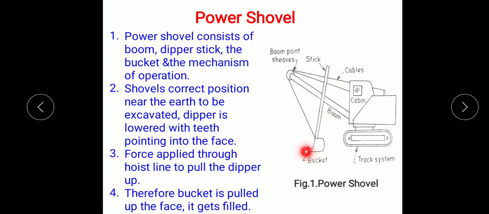Here we can see this teeth is pointing into the face, and after that a force is applied through this hoist line or cables to pull the dipper up. So after application of a force through this cable to this stick, this bucket will be pulled in upper direction like this, because of which the earth will get excavated and this bucket gets filled with the excavated material.